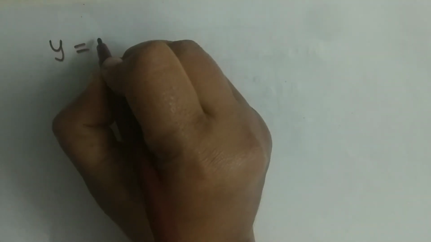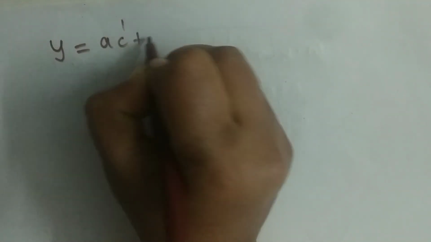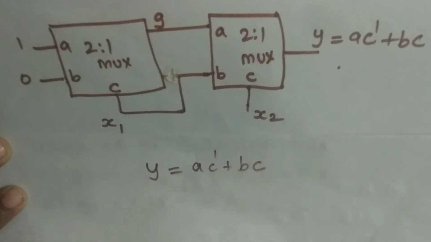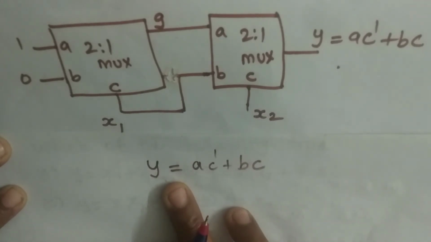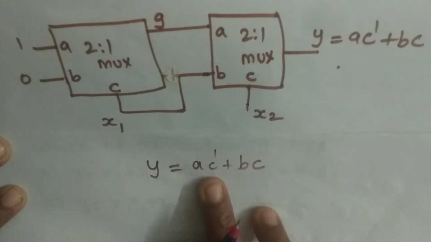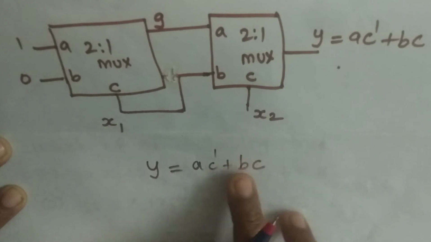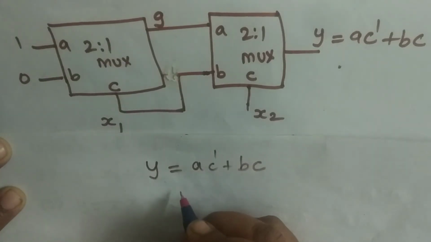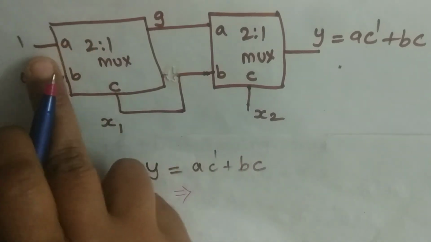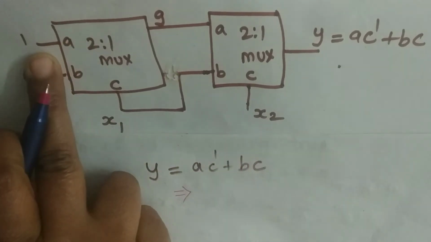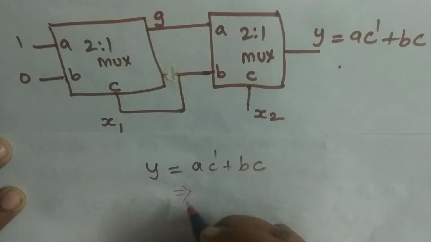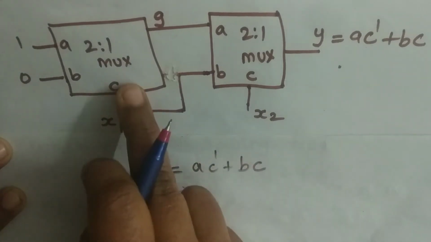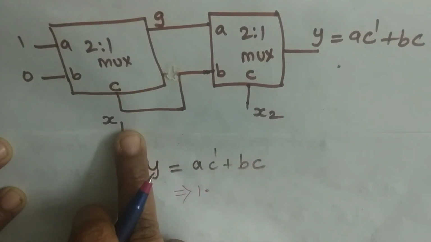What is the output function given? AC dash plus BC. So the given output function is y equal to AC dash plus BC. See the first mux, 2 cross 1 mux, y equal to AC dash. For A we are feeding 1, so 1 into C dash. C is here x1.